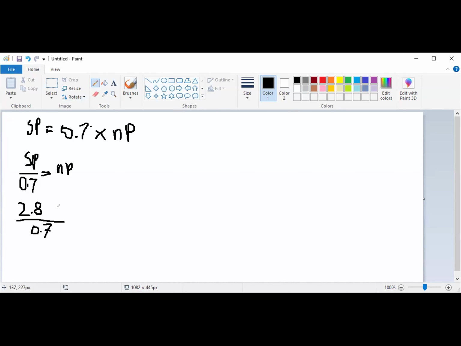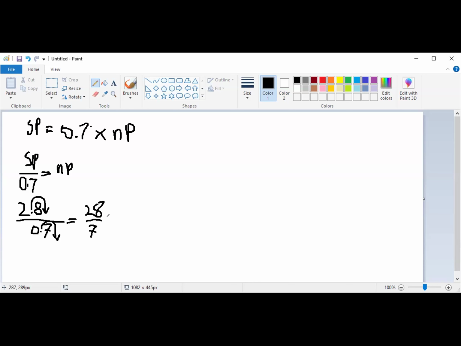All right. So this decimal point will move one place to the right, leaving me with 28. Of course, whatever I do to the numerator must also be done to the denominator to balance it up. And so that will give me 28 over 7. 28 divided by 7 is what? That's going to be 4.